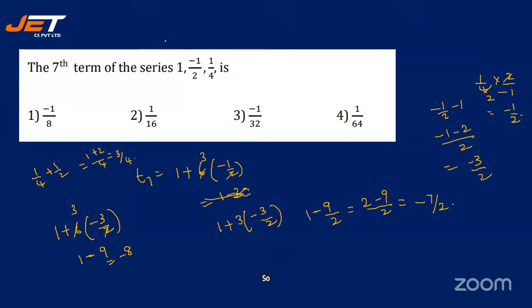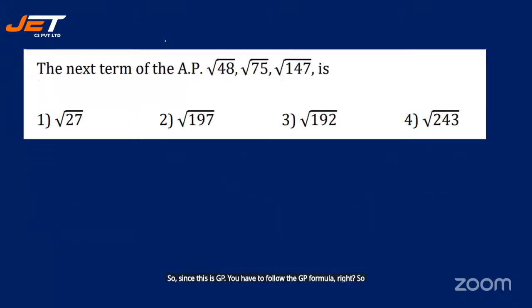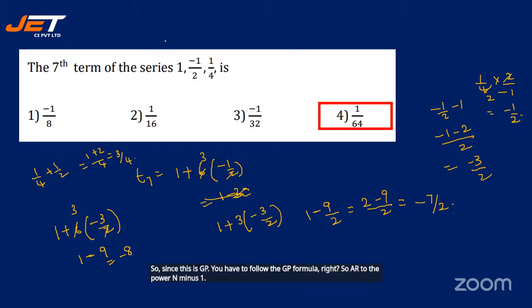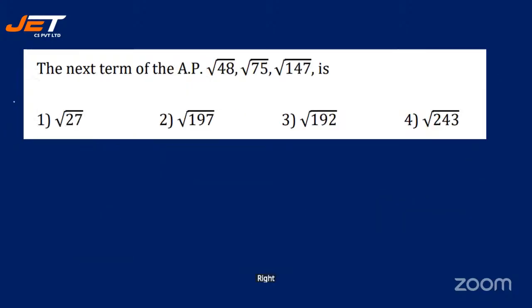Since this is GP, you have to follow the GP formula, A R to the power n minus 1. So A into R, minus half to the power 6, which will give 1 by 64, right? Yes, see the next question.